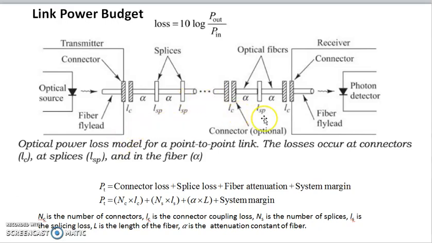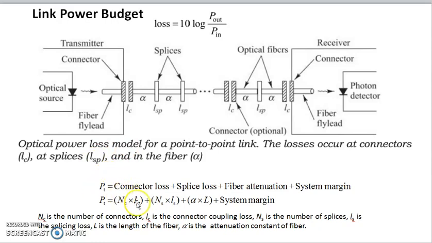Then for a given particular system, we should say that it works for the minimum power. So for the total loss, there may be variation in the losses because of the connector or any other extra losses. So that's why we consider a total loss of a system as a system margin.